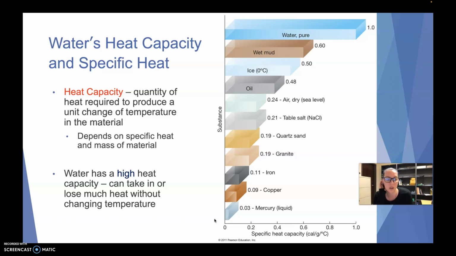So again, going back to boiling a pot of water: if you have a copper pot, it's not going to take a whole lot to get that copper nice and warm. You put it on the stove, electric or fire, and it doesn't take very long for that pot to warm up, but it's going to take a while for the water to boil. That's an analogy you can think of there.